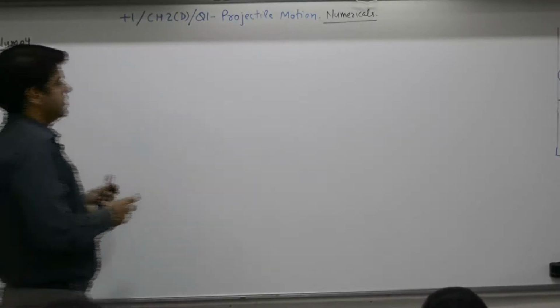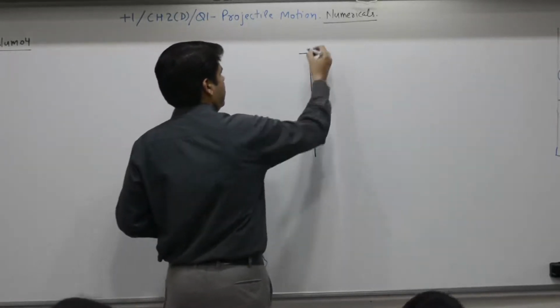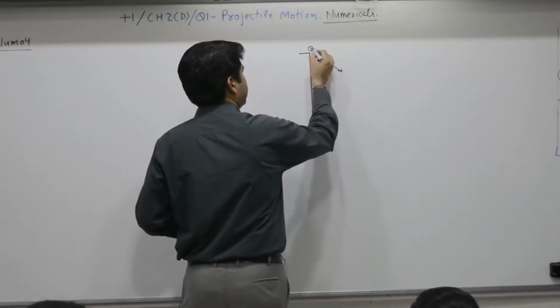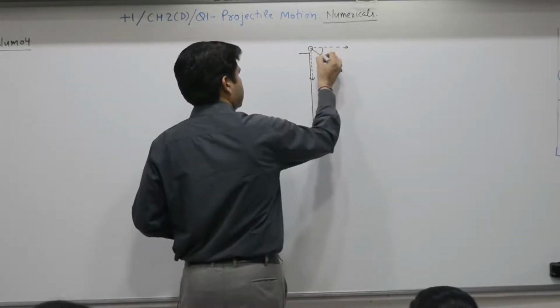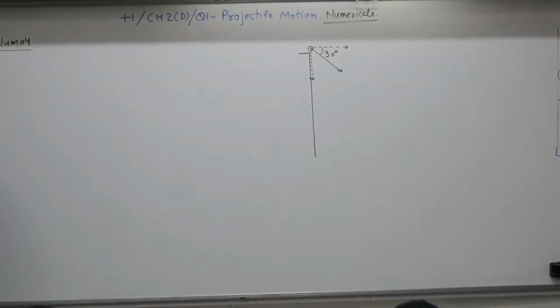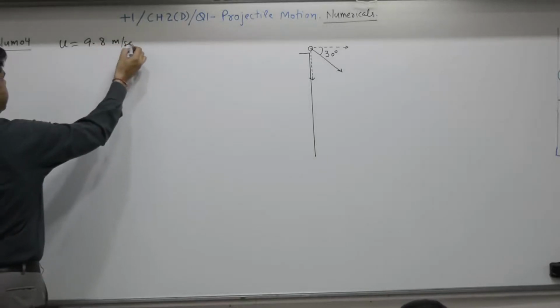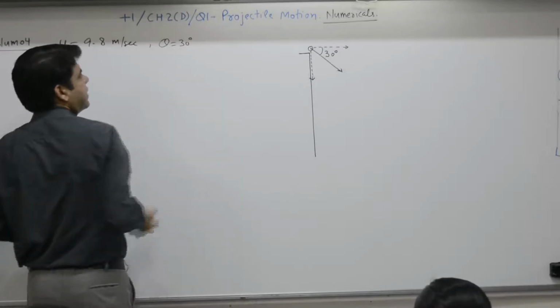There is a building. You fire the particle making what angle with horizontal? 30 degree. With what velocity? With the velocity u. U is given 9.8 meter per second. Theta 30 degree.